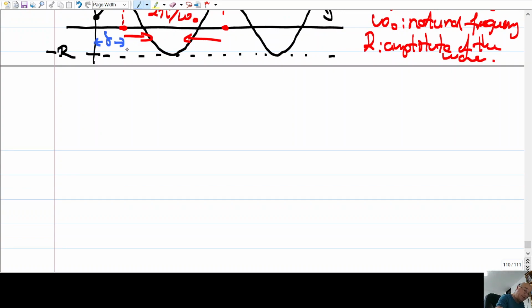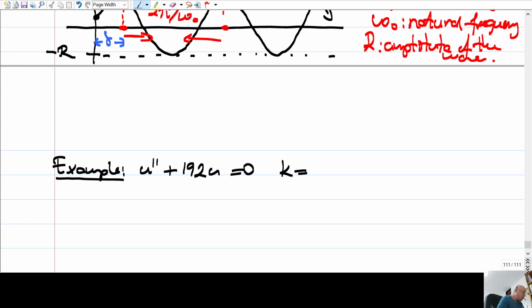So here is one example. Let's say we have this equation which corresponds to K equals, no, not 10, 60, let's say kilogram per centimeter.